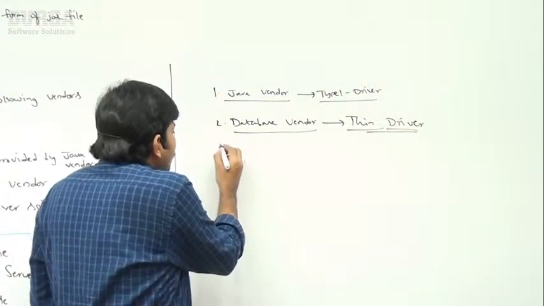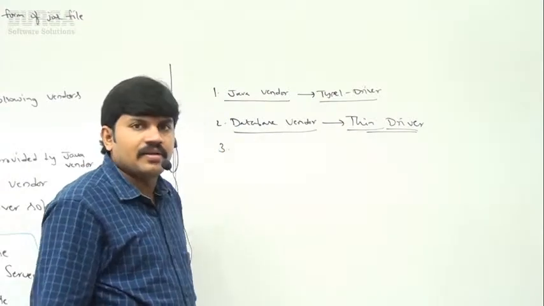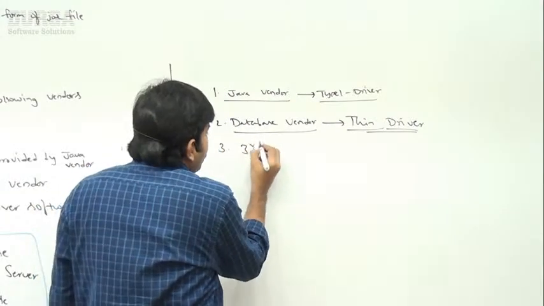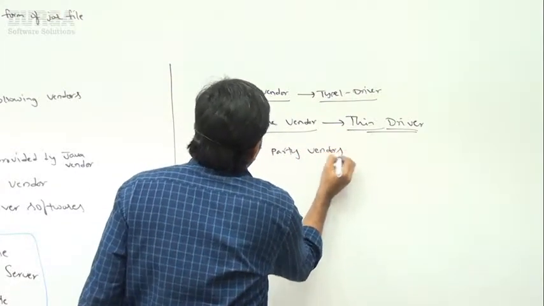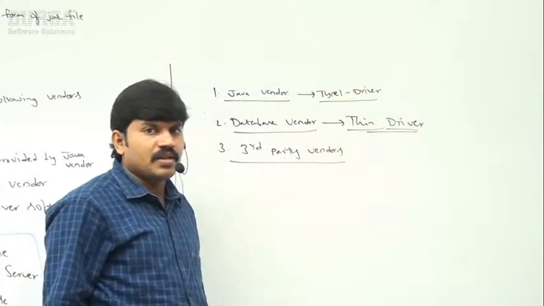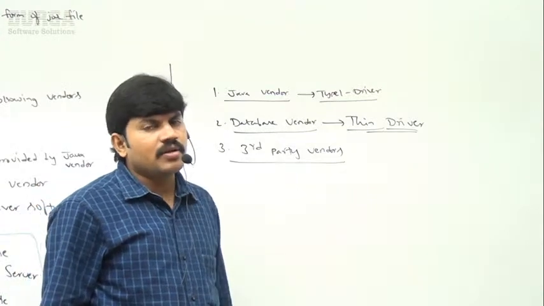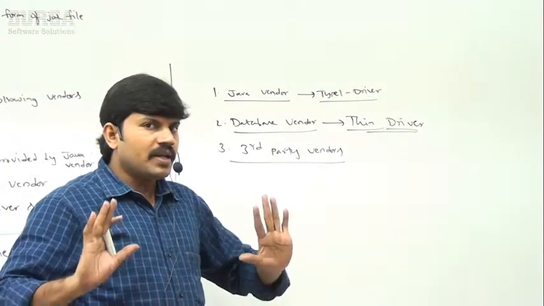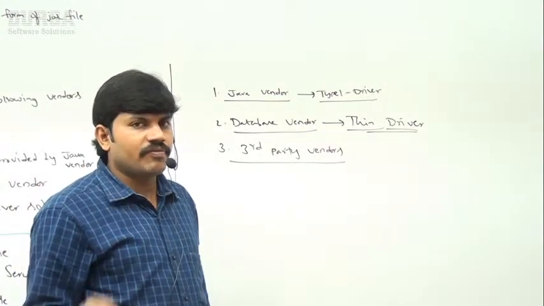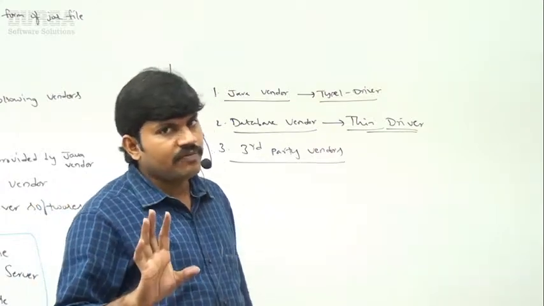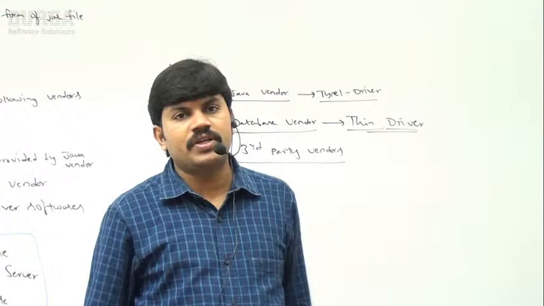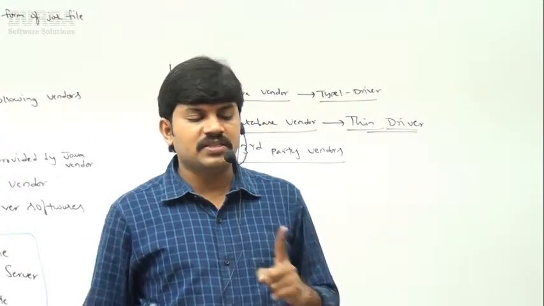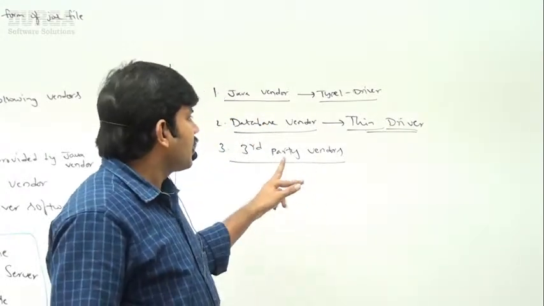Next, sometimes, a bit rare, third party vendors also will provide driver softwares, right? Then immediately you ask, sir, what is the third party vendor? I will discuss it, but as of now, just observe. Driver software is usually available in the form of jar files. Next, who is responsible to provide driver softwares? 3 types of vendors: Java vendor, database vendor, third party vendor.